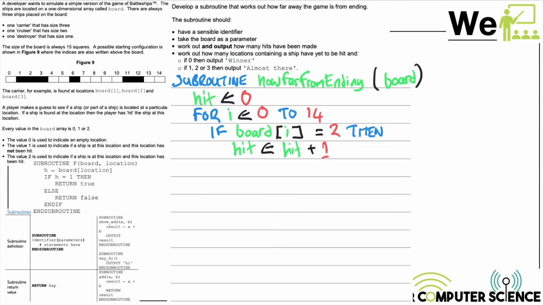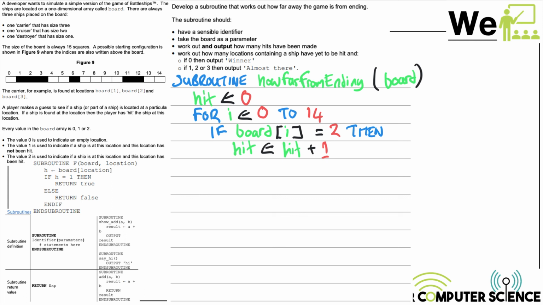Because if the number of hits is 0, then the number yet to be hit will be 6, because there's 1, 2, 3, 4, 5, 6. There are always 3 ships placed, size 3, size 2, and size 1. So yet to be hit would be 6 minus hit. If you've hit 2 of them, then 6 minus 2, you've got 4 yet to be hit.